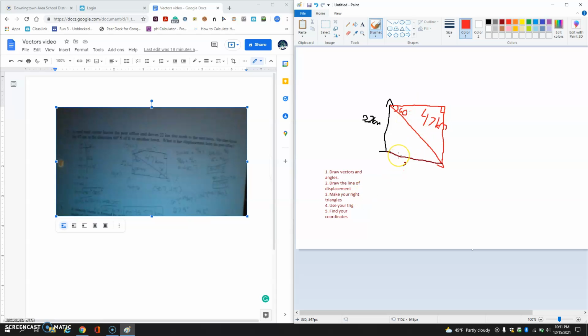And now we do step 4, which is use your right triangle trig, since it's a right triangle. So, let me get a different color. You do sine of 60 is a over 47.